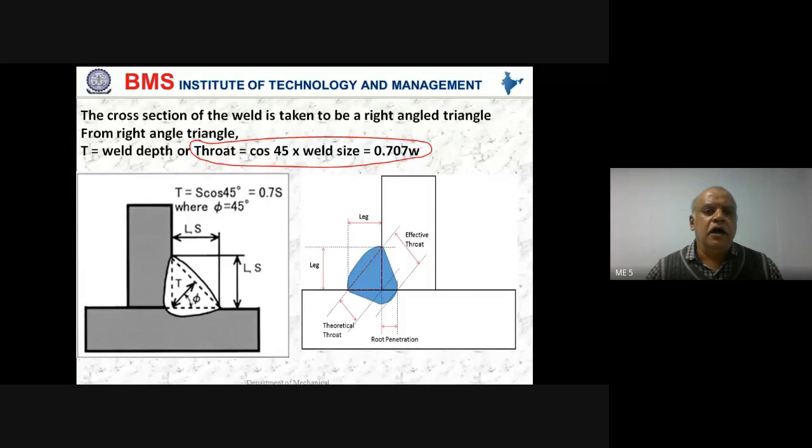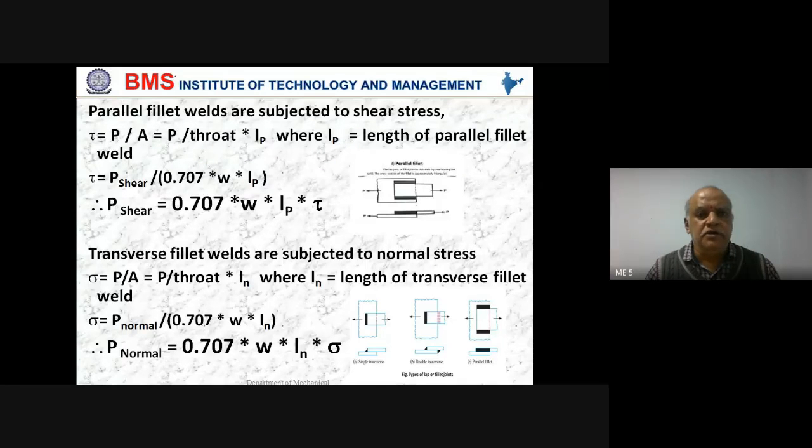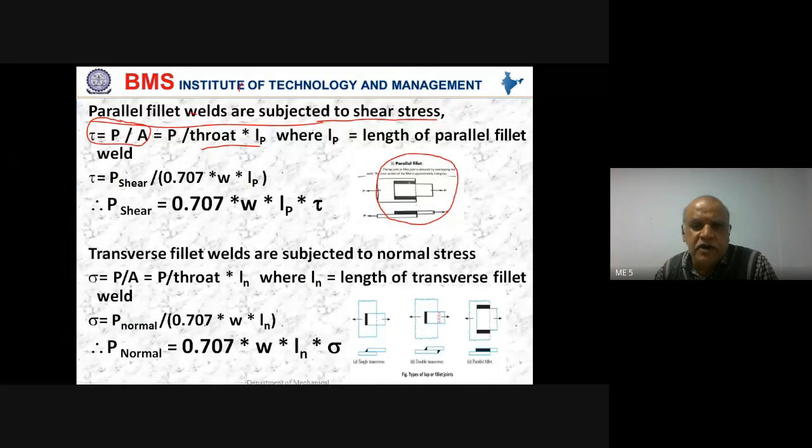Now, come to parallel fillet welds. As I said in the beginning, they are subjected to shear stress. Parallel fillet welds are subjected to shear stress, so tau is equal to P by A. Tau is equal to P by area of cross section of the weld, that is nothing but throat into length of parallel fillet weld, where LP is equal to length of parallel fillet weld.